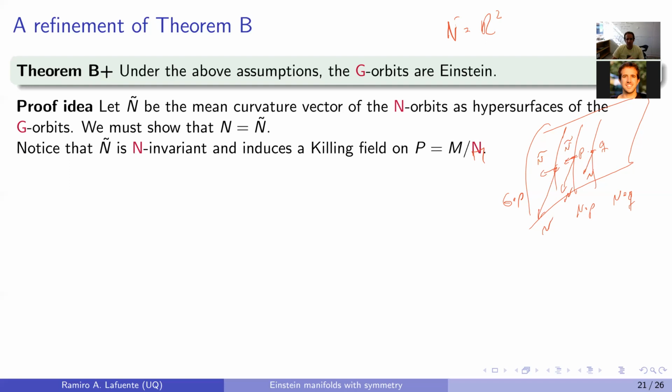So the good thing about ñ is that it's an N-invariant vector field, and therefore it induces a vector field on P, which is a quotient of M by N, and this is in fact a Killing vector field on P. This is not hard to prove.